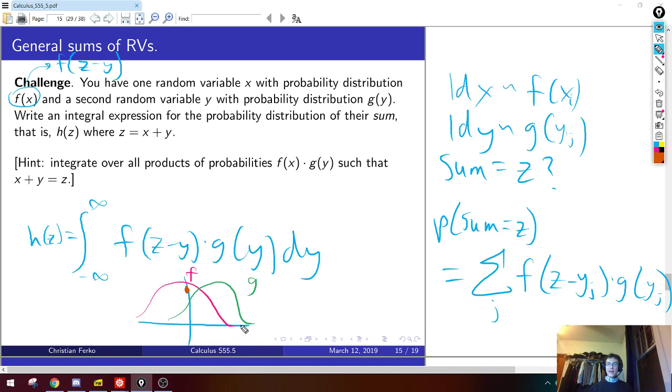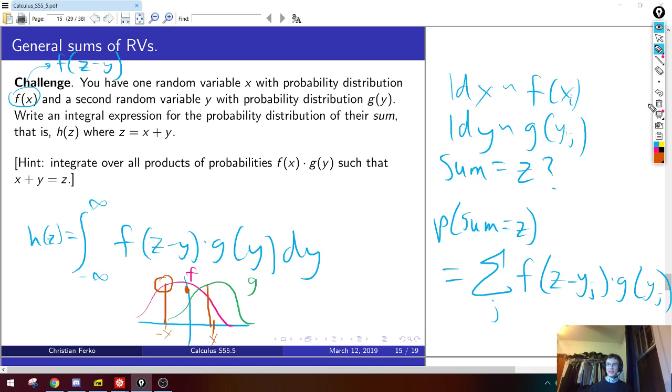You have to add a lot of different contributions, because maybe f outputs this number here, minus x, and g outputs this number here, which is plus x, and they add together to give you 0. So I better take the probability f at minus x times the probability g at plus x and multiply them together. But there's another possibility.